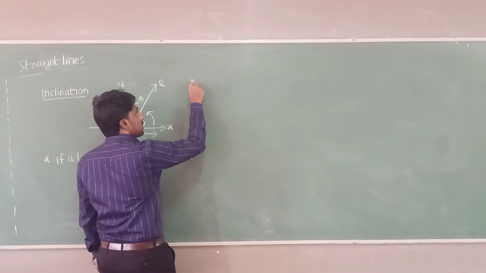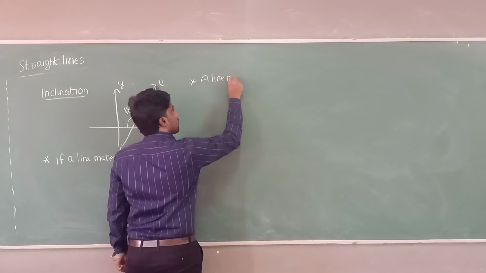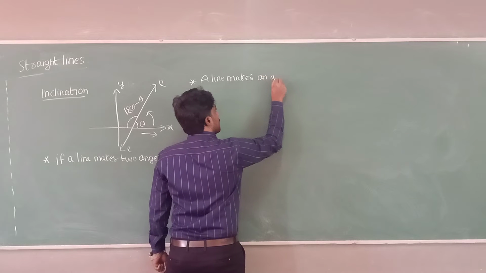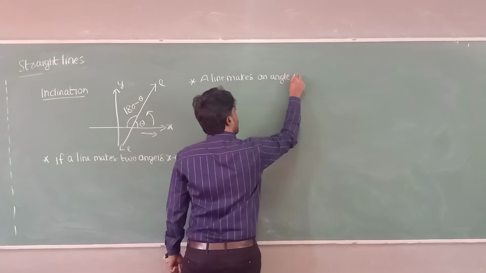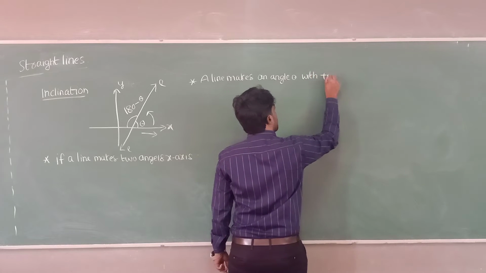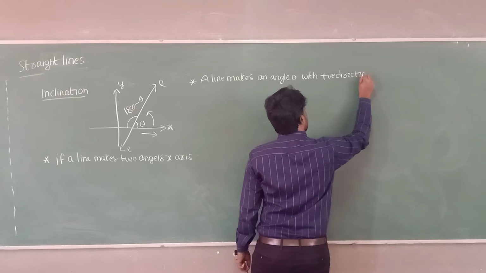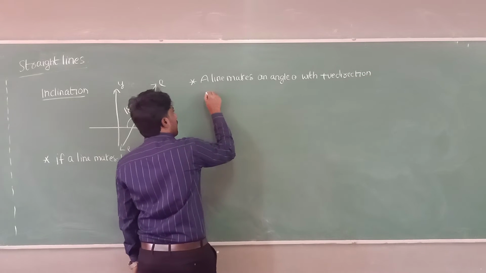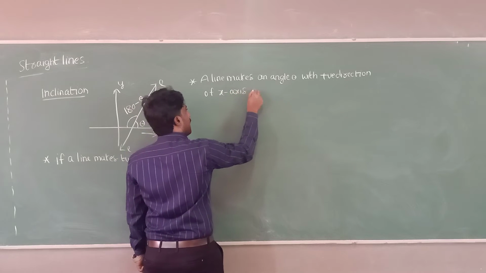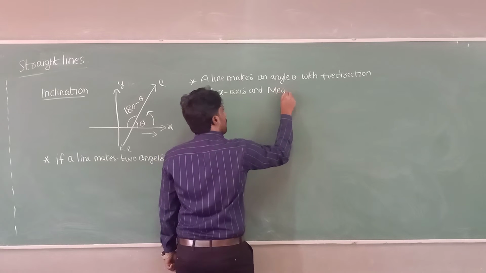So write down the definition: a line makes an angle theta with the positive direction of the x-axis and measured in anti-clockwise direction.